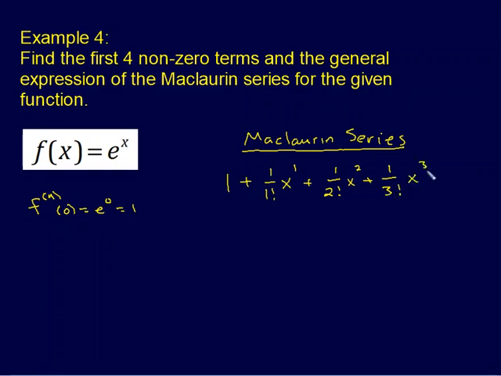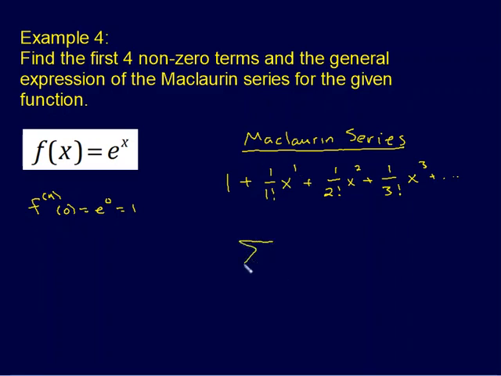Now this gives us the first 4 terms, and it gives us a nice pattern already too. Every derivative is equal to 1. So the pattern just goes, every coefficient is 1 over a factorial. The factorial is the same number as the degree of the term.